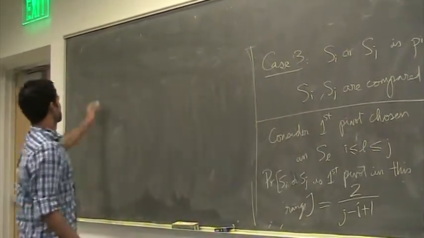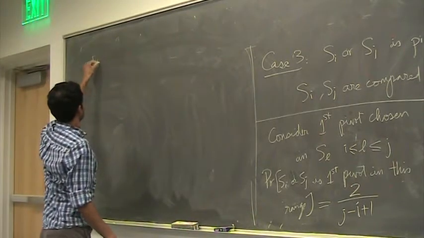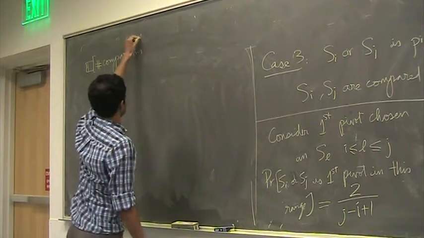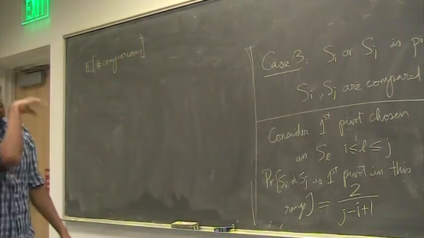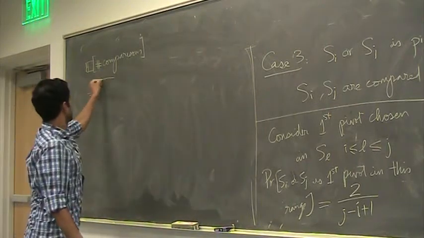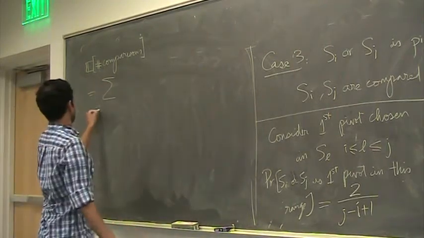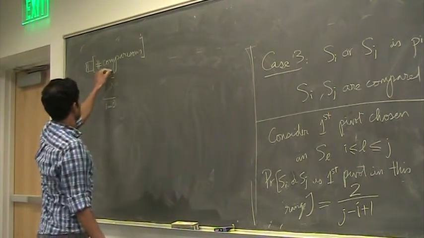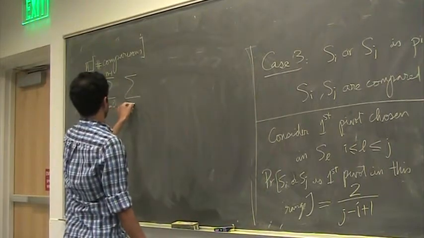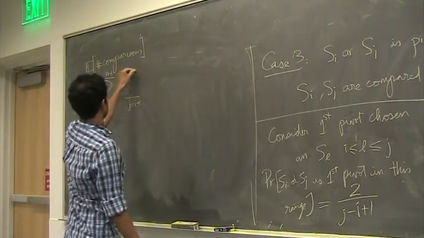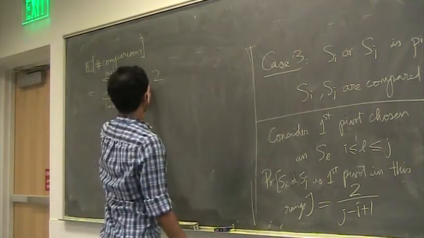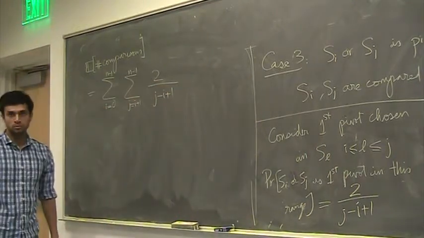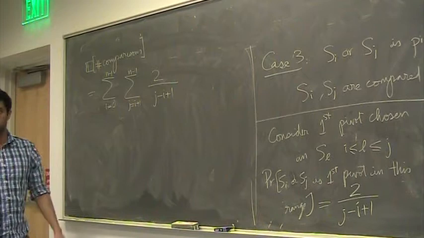Okay, so we said the expected number of comparisons, and in this case it's an equality, is the sum over i going from 0 to n minus 1, j going from i plus 1 to n minus 1 of 2 divided by j minus i plus 1. Right, that's the sum.